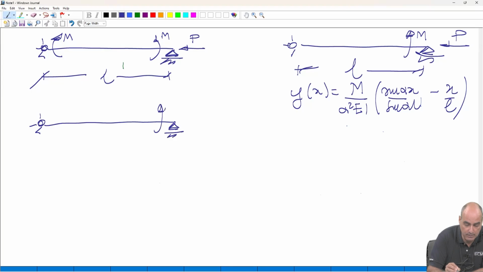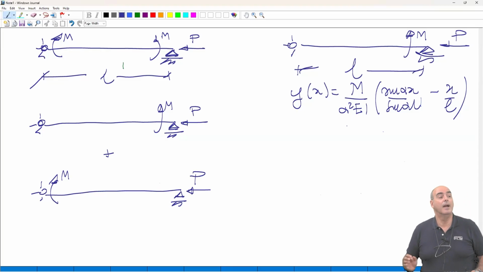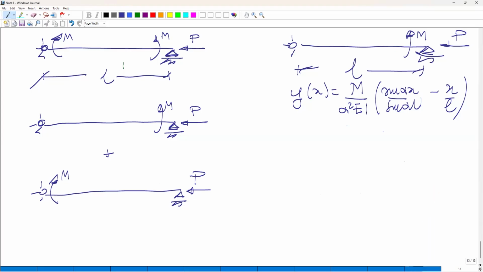is equal to this one plus this one. Yes, but now the load becomes 2P, you will say. No, because you have to apply the principle of superposition of effects under the same axial force.